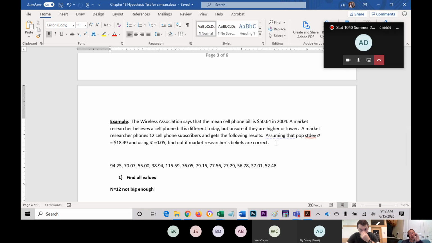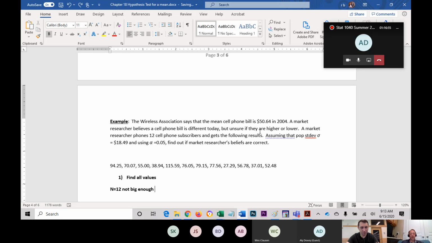So the tricky thing on the test that you'll want to pay attention to is if it's 12 and it comes from a normal distribution, then it would be okay. But this one does not make that claim. So 12 is technically not big enough, but I'm still going to make you do it anyway.